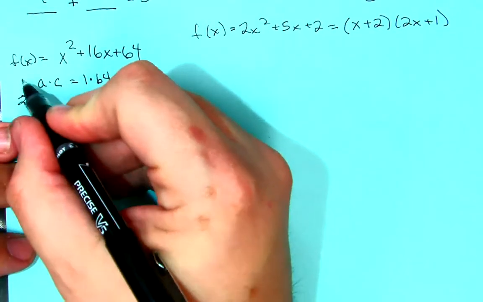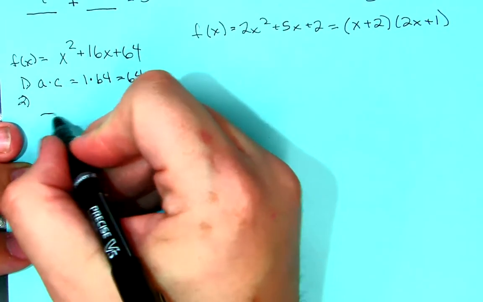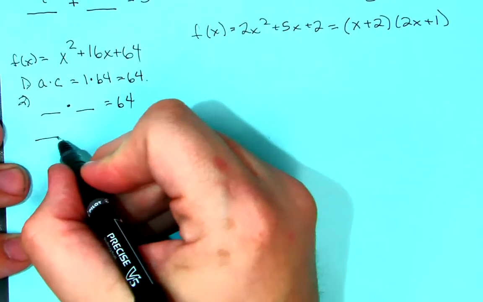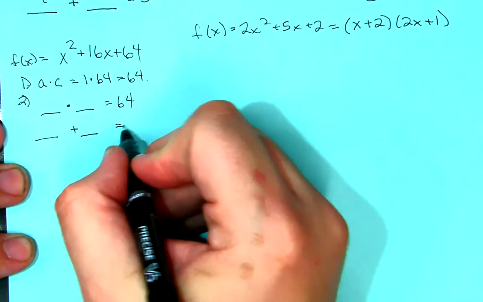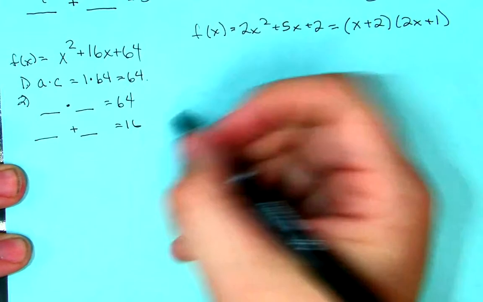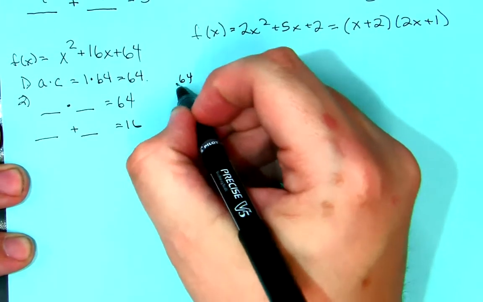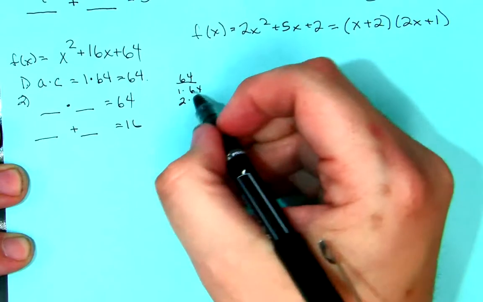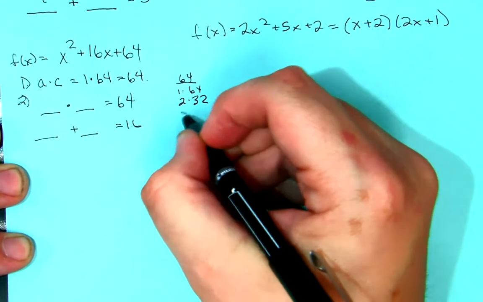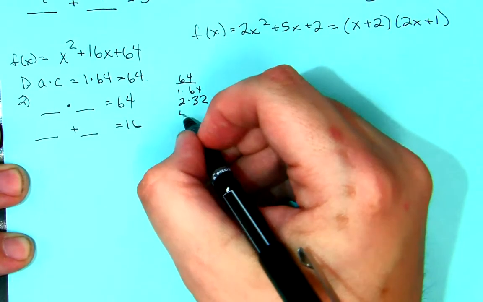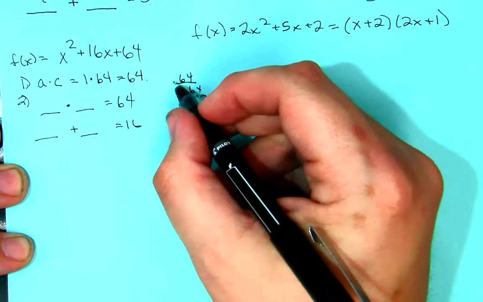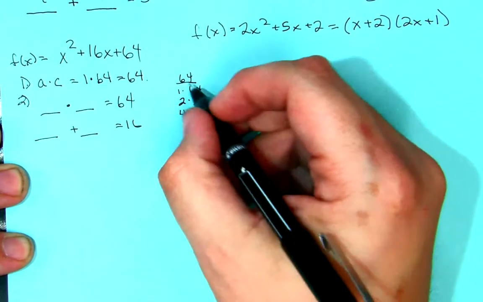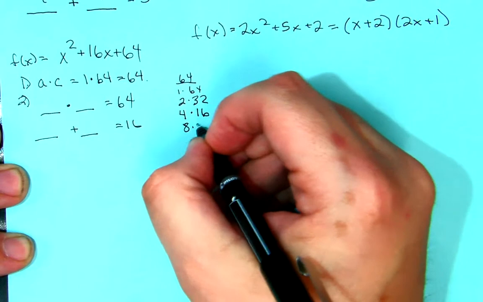Step 2 is I need two numbers that multiply to get 64 and that add together to get 16. So 64 is 1 times 64, 2 times 32, 4 times 16, 8 times 8.